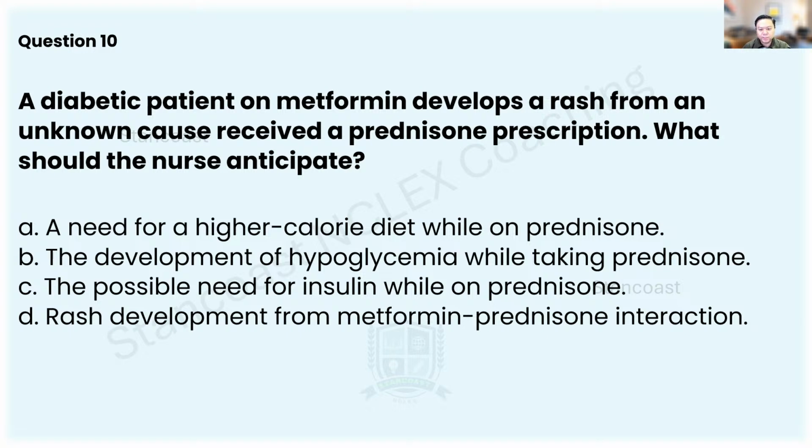Very good. You're thinking. If you answered letter A, a need for a higher calorie diet while on prednisone, we know that prednisone is already going to lead to hyperglycemia. So if we are going to add a high calorie diet, then this is not going to help the patient at all. This will worsen their hyperglycemia.